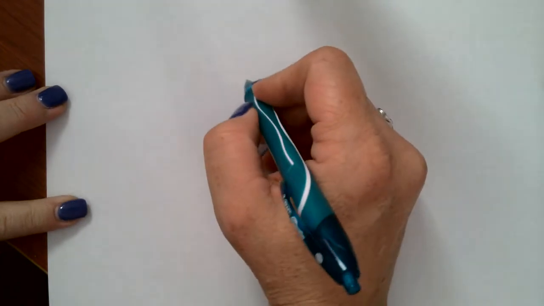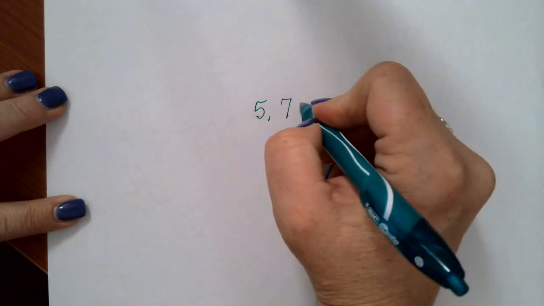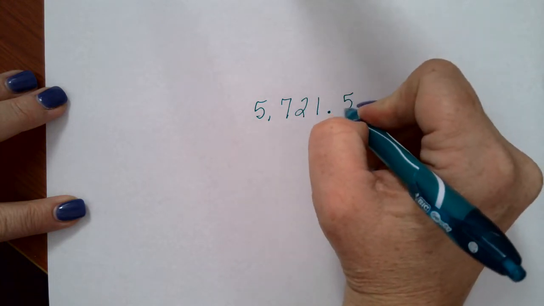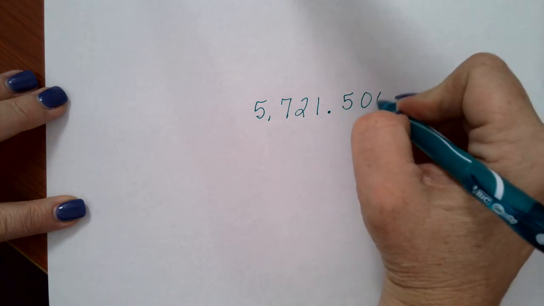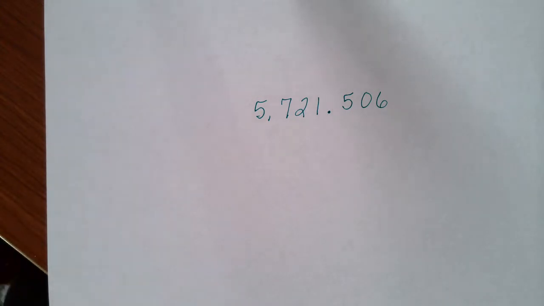All right, when you are reading decimals or reading numbers, it's really important to make a place value chart that will help you understand what your number should be read as. So let's say our number is this number right here, and we're trying to figure out how to read this number.